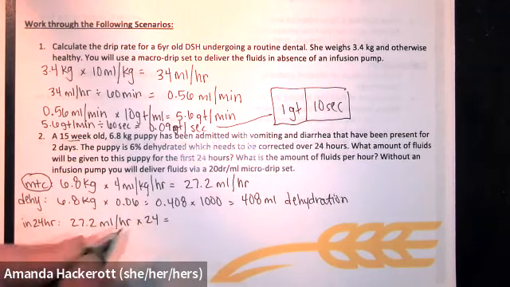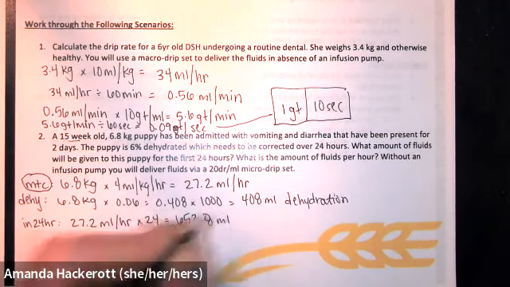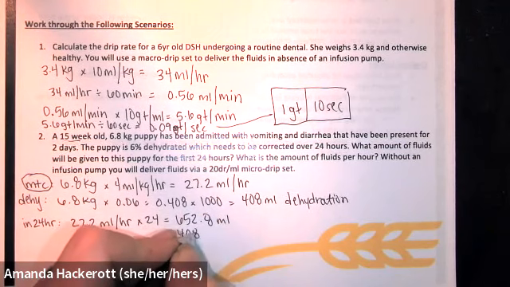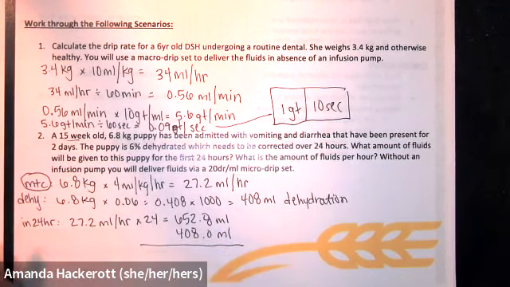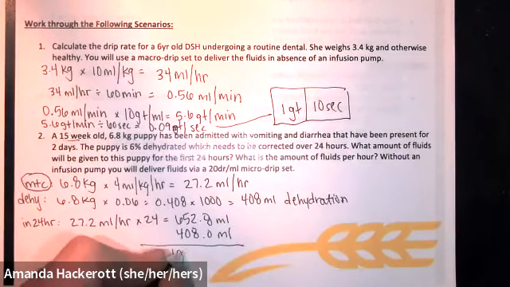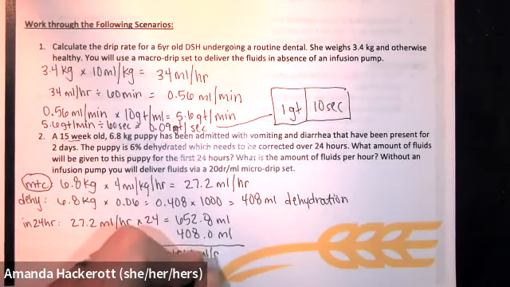To give us our daily total. And that's going to be 652.8 ml. And to that, we can add our 408 mil dehydration. And that's going to give us our total amount of 1,060 ml in a day.